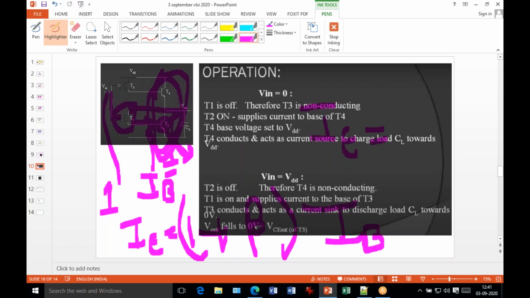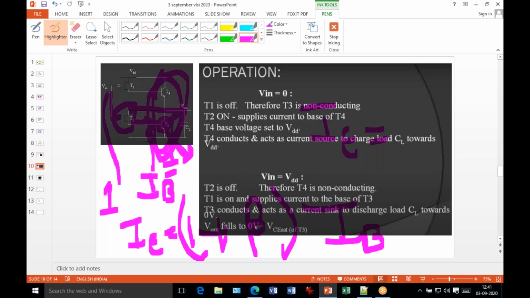So IC, you know very well, IC is equal to beta times IB.